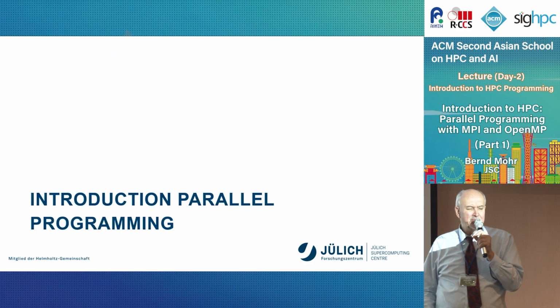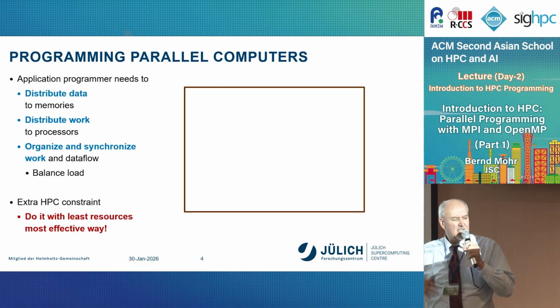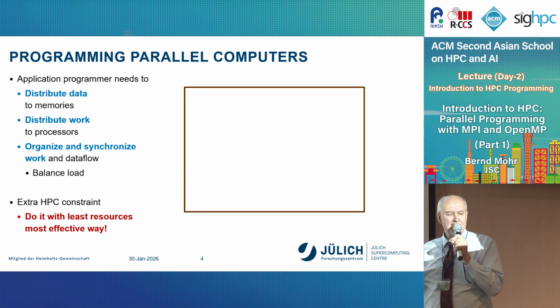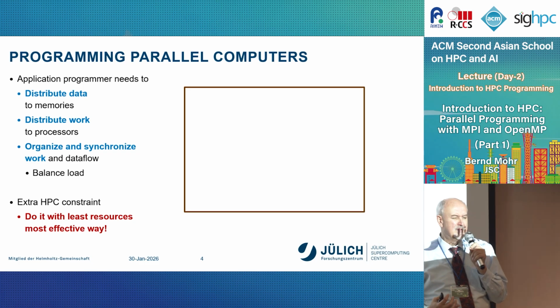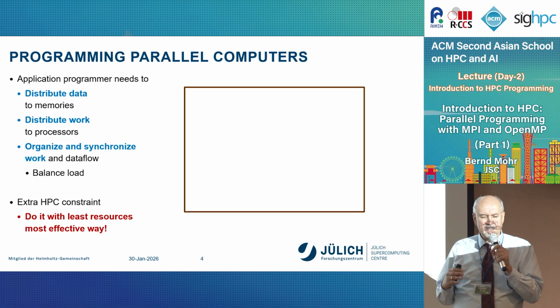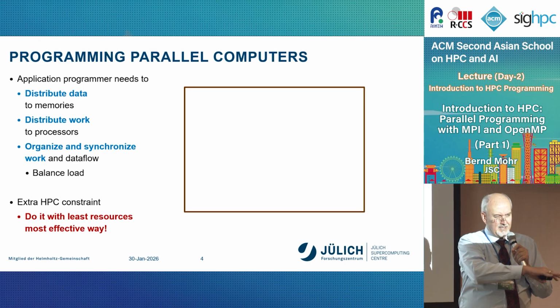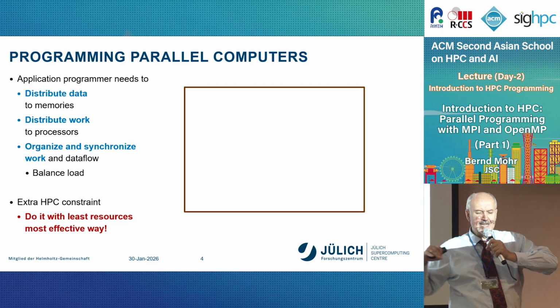Okay, starting with parallel programming in general. You saw some of that already yesterday, but just for repetition. What does it mean if we parallelize for a parallel computer? We take our sequential program, but then we have to change it so that the data we are working on is distributed to the different memories of the computer, which is called data distribution.